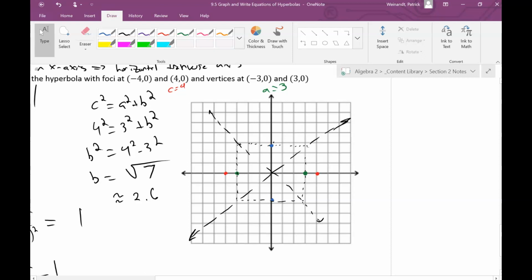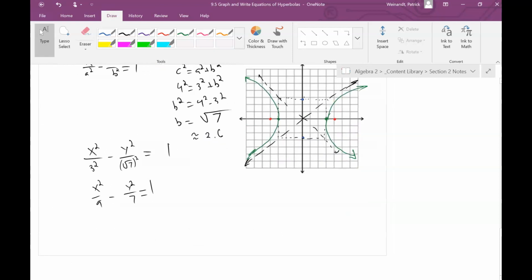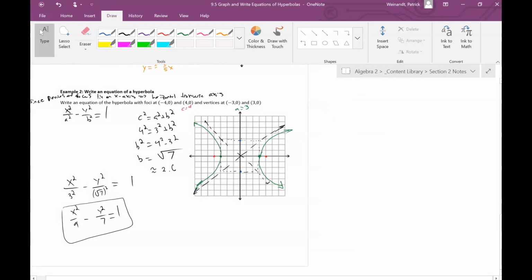Okay, and then my hyperbola is going to look something like this. Really, what we were looking for here is just that equation. So find your a, find your b, find your c values. Those are all going to be important today, just like they were when we were working with ellipses.